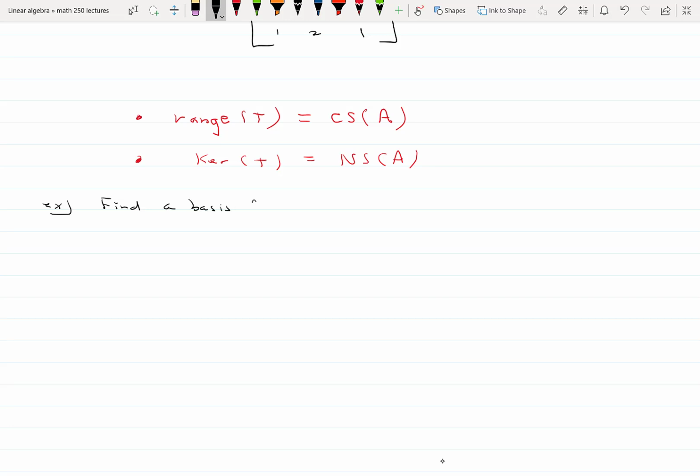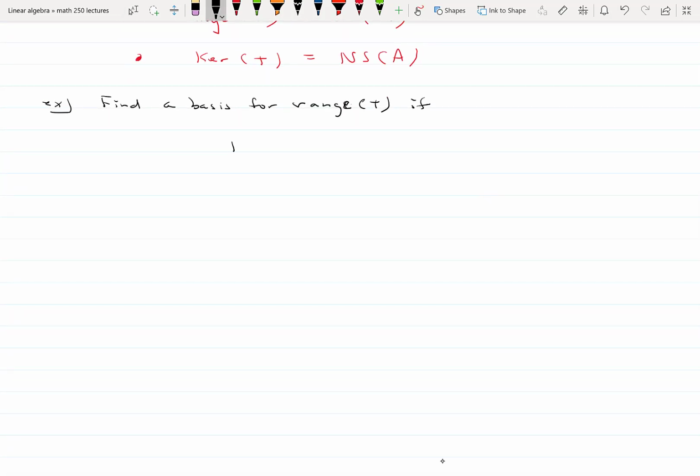Find a basis for the range of your linear transformation if T of x, y, z equals x plus y minus z, x plus 2y plus z. The same old one, but we're starting from scratch as if this were a problem.